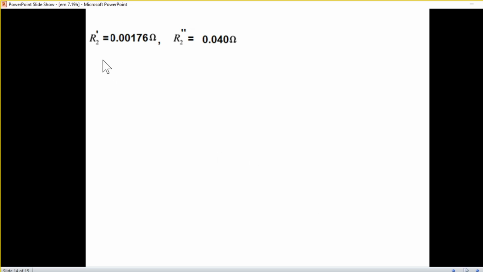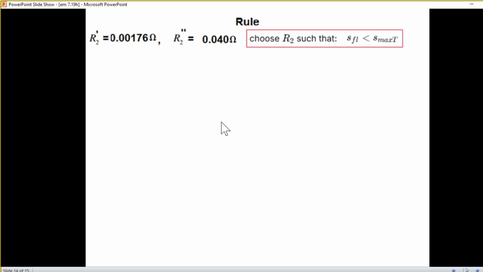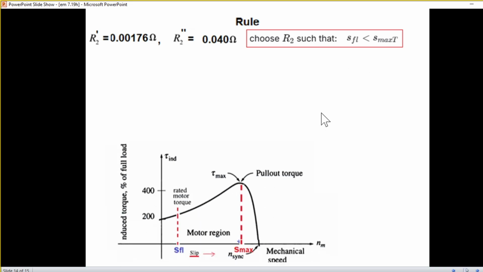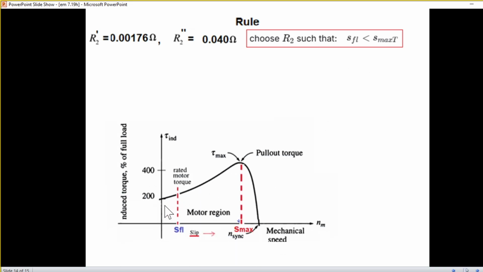Let's see. These were the two values of R, and the rule that we'll follow is to select R2 such that the slip at full load should be less than the slip of the maximum torque. And what that means is, let's see from this diagram, this is the torque, speed and slip curve. You can see this is the maximum point, maximum torque.